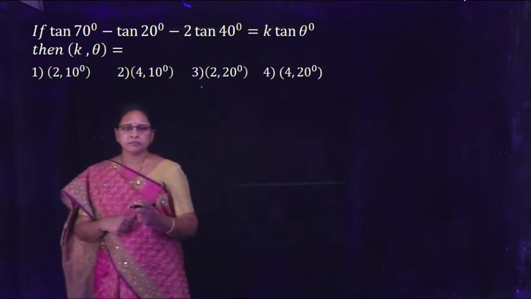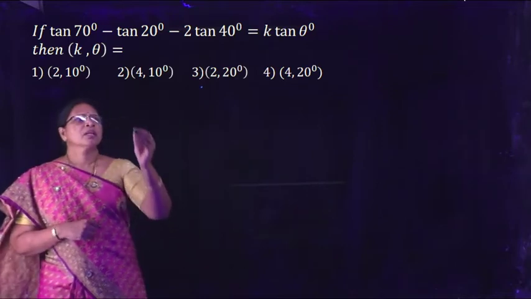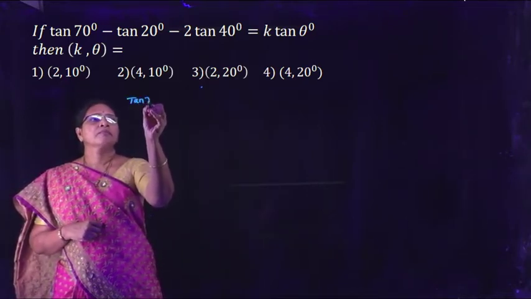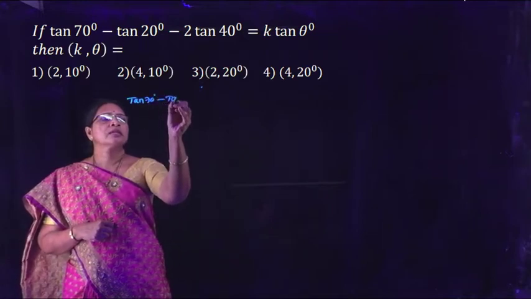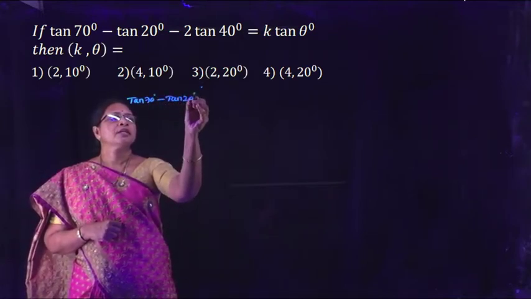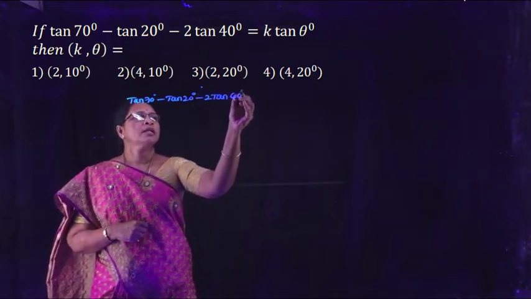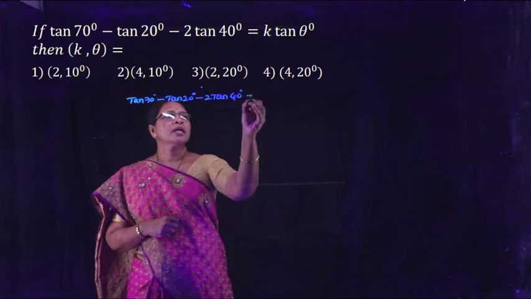Here, according to the problem, given that tan 70 minus tan 20 degree minus 2 tan 40 degree is equal to k tan theta.